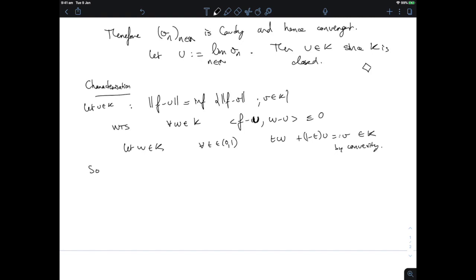So this tells me something, because u gives you the infimum of the distance between f and v over all v in K. So in particular for that v, the norm of f minus u, let's square that, will have to be smaller or equal to the norm of f minus v squared.